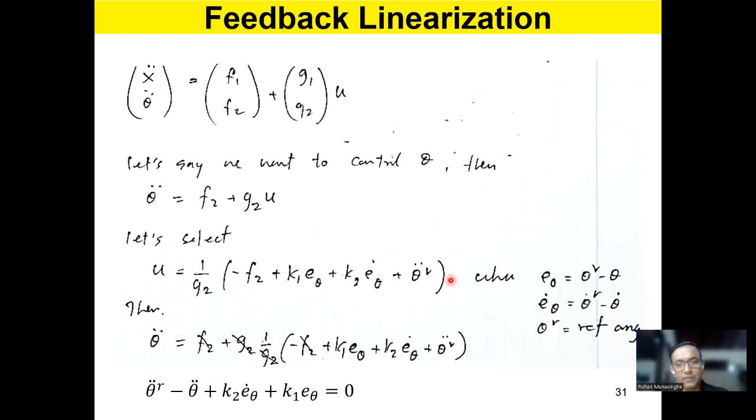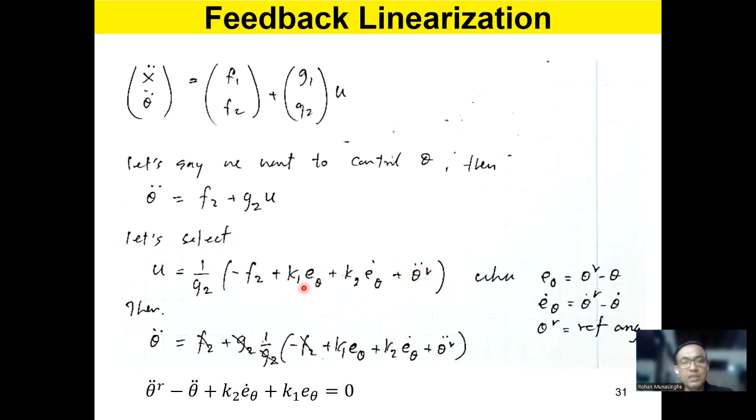We have been through many courses and we know how it works, so you can generate some ideas. What if we try out a control signal like this? What is that? 1 over G2, G2 is this part, times minus F2, F2 is this term, whatever it is, nonlinear terms, plus K1 e theta, plus K2 e dot theta, plus theta double dot R. Does it make sense?